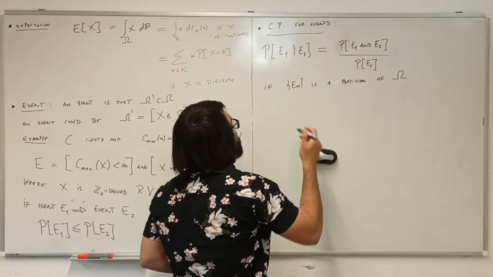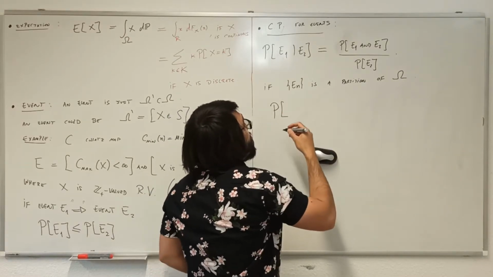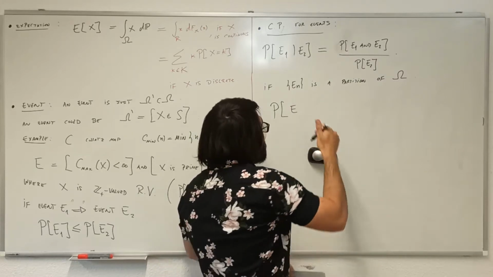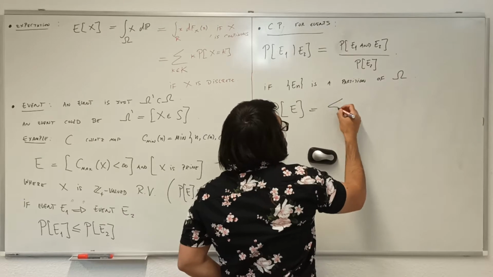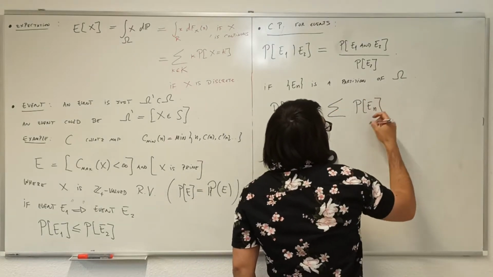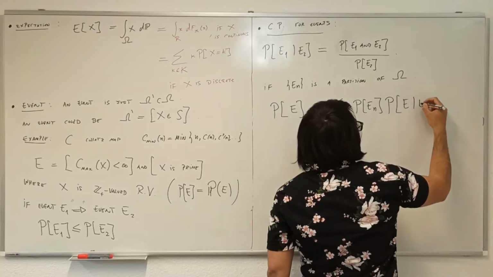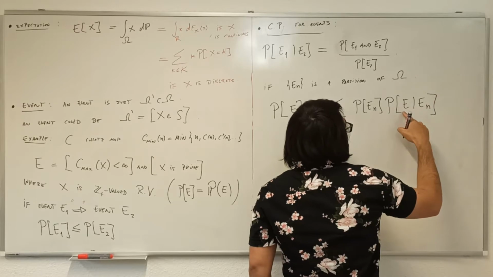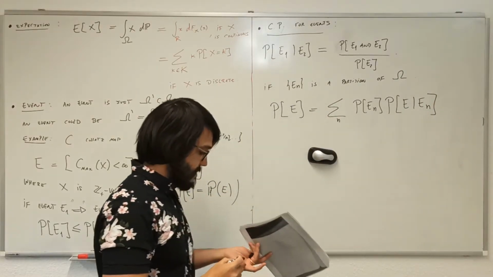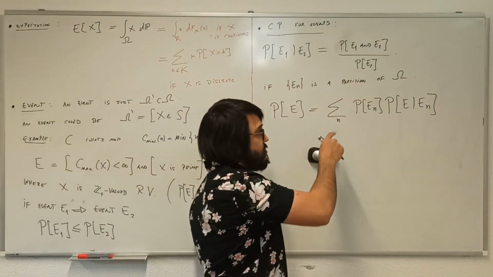So in particular, the probability of an event E happening is equal to the sum of the probability that En happens times the conditional probability of E happening given that En happens. So this is a nice formula to keep in mind.